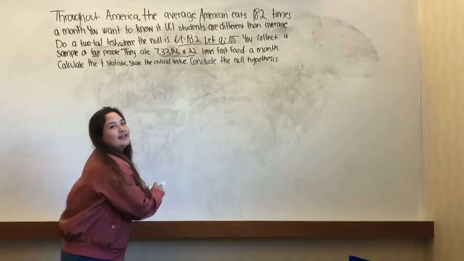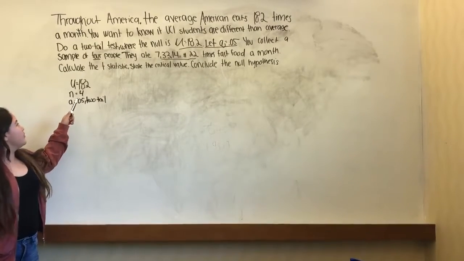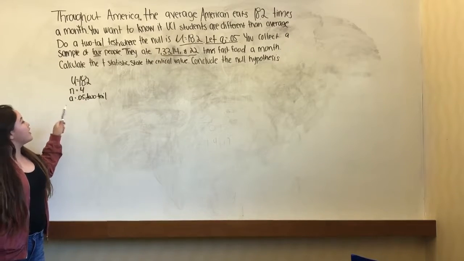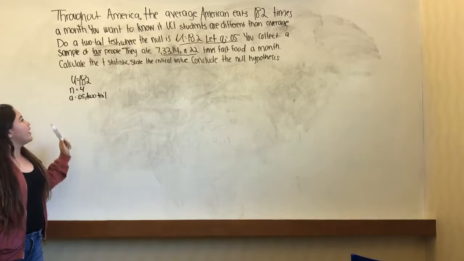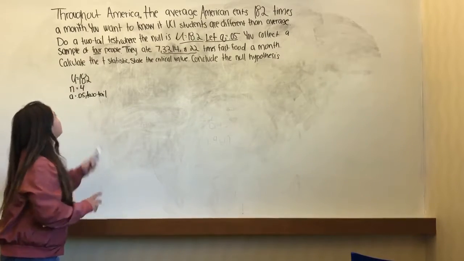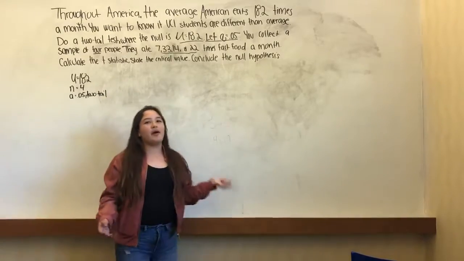So I'm going to write that and show you how it would look. So the null is 18.2. We have a sample size of 4, and they're asking for alpha, which is 0.05, and it's a two-tailed test. They're asking us to calculate the t-statistic, state the critical value, and conclude about the null.